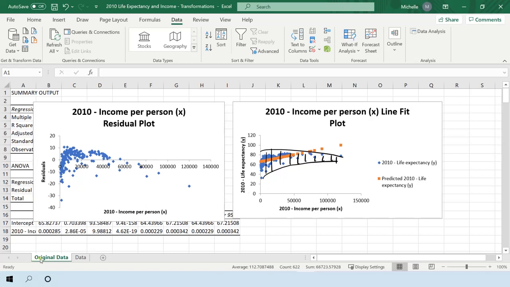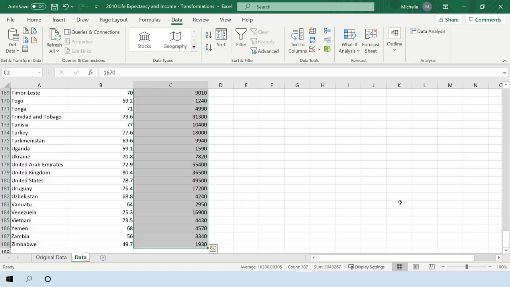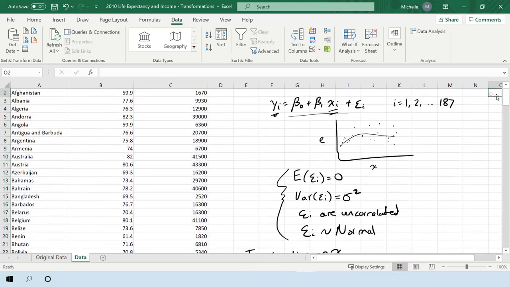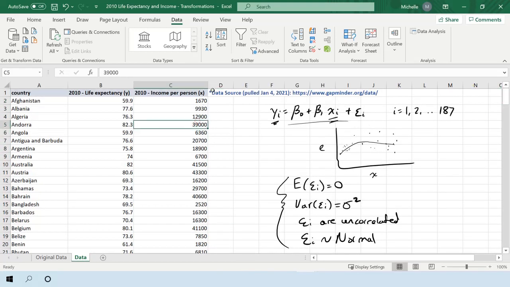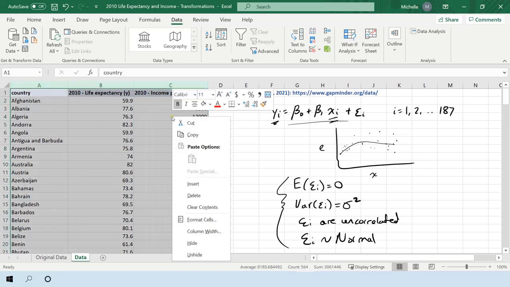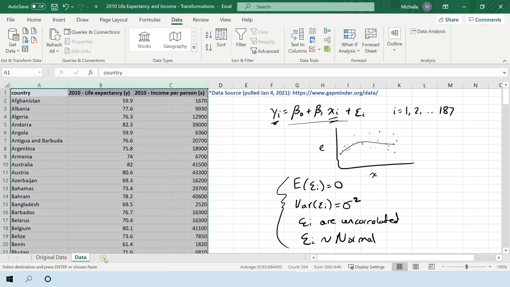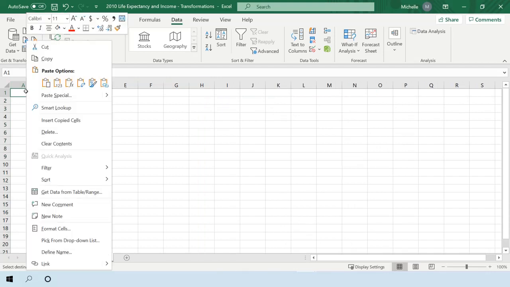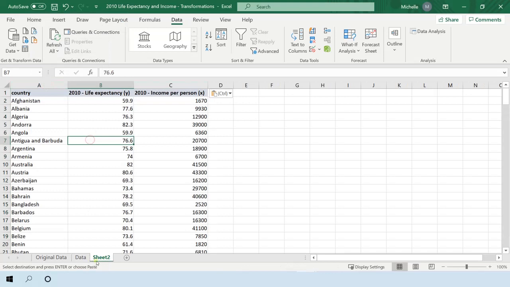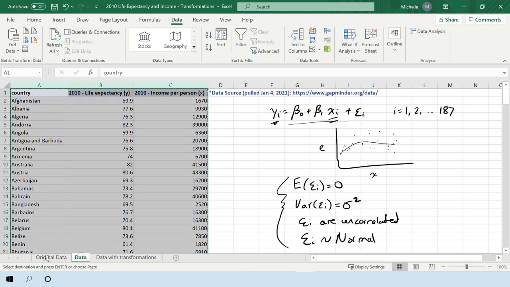Okay, so I'm going to go back to my data. Let me scroll up, and actually I'm going to copy this, right click, press copy, and then go to a new sheet, press paste. Okay, I'm going to label this sheet data with transformations. Okay, so I have let me reorganize this.